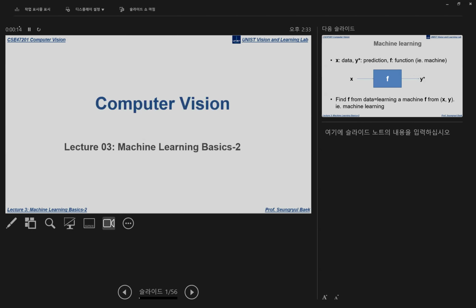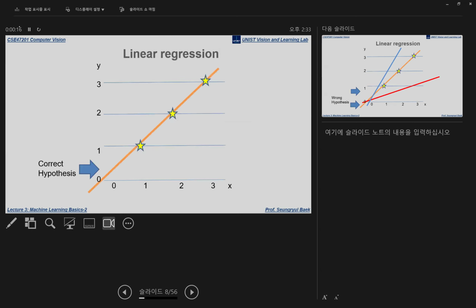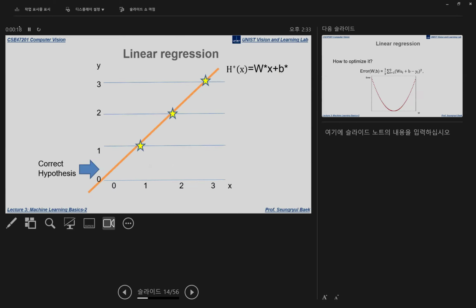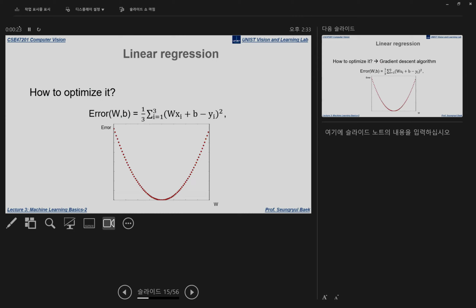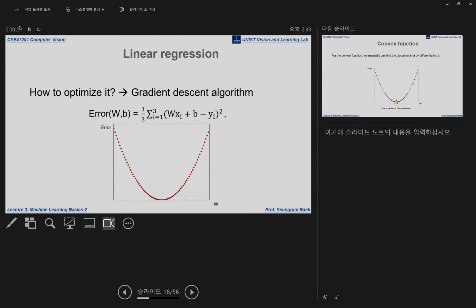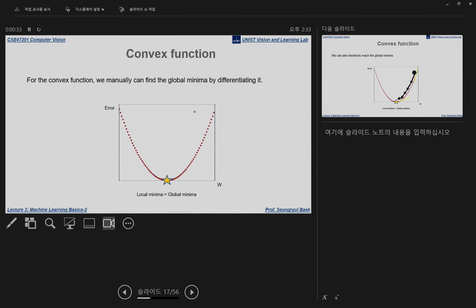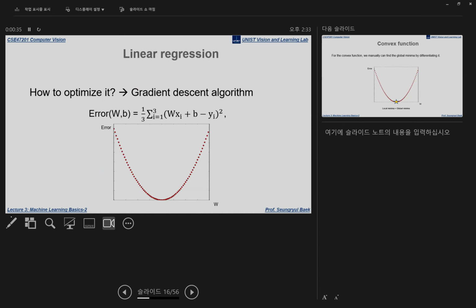So last time we learned about the linear regression algorithm. This is the simplest form of regression. And we learned the gradient descent algorithm that can optimize the parameters, which are W and B, the parameters of this linear regressor.